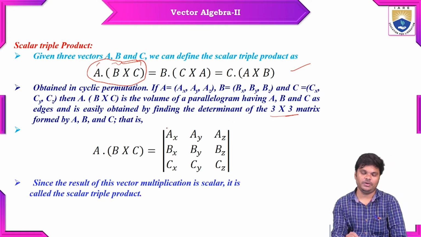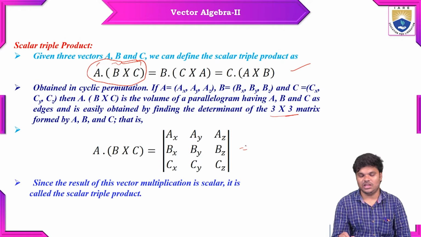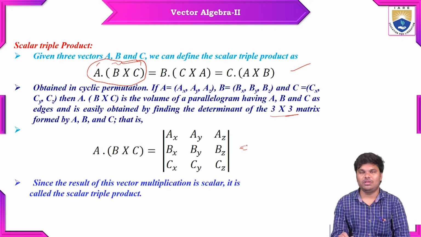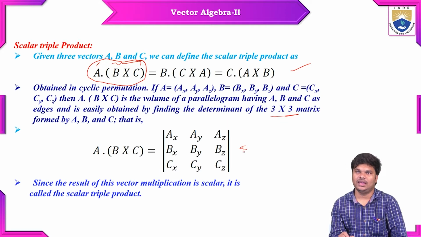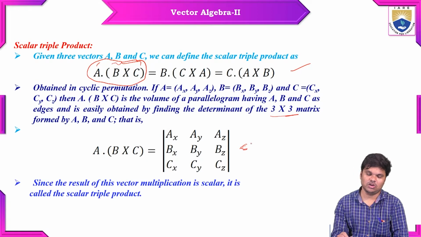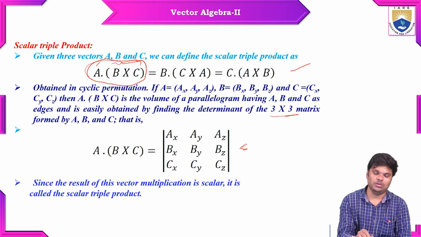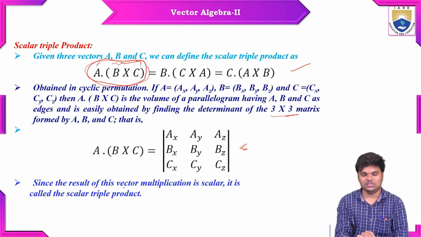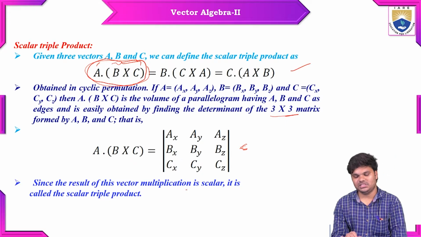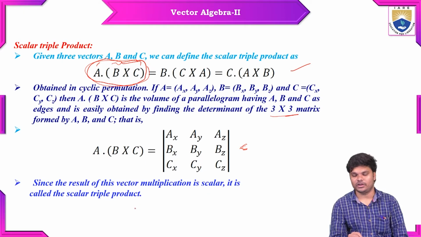So the determinant of this 3 cross 3 matrix is nothing but the volume of the parallelepiped formed by edges A, B, and C. This is the output of the vector multiplication A dot B cross C. Okay. Since the result of the multiplication is a scalar, it is called the scalar triple product. Right.